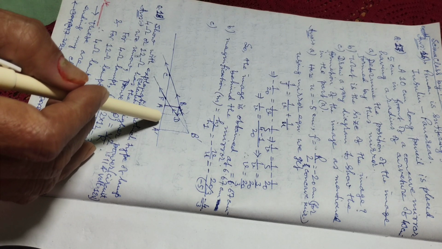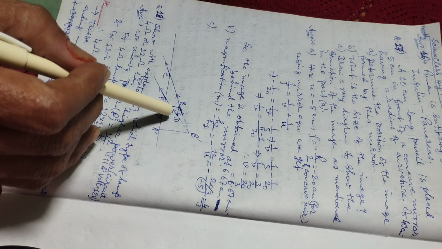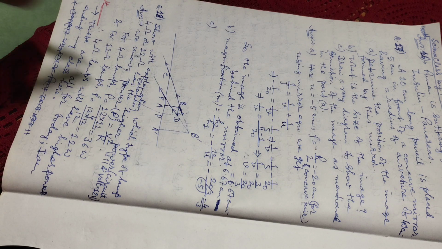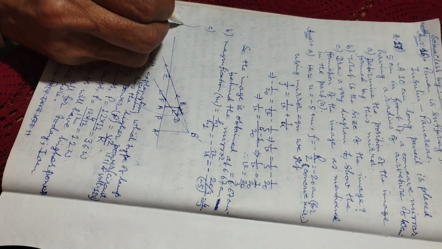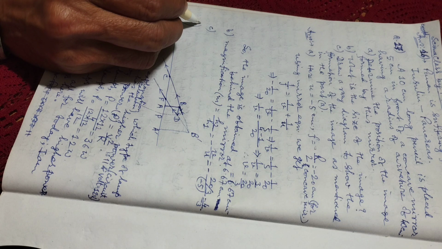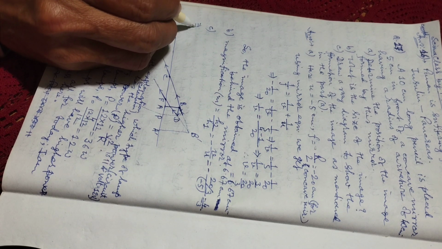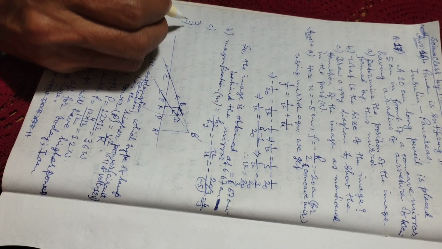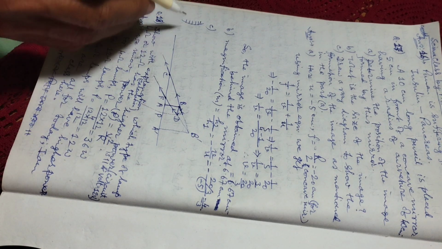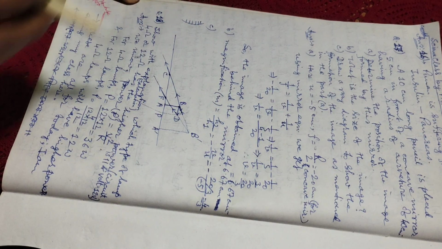I have drawn this in front of the concave mirror. That means the concave portion will be like this. Okay, the mirror is like this. So this is the front position.